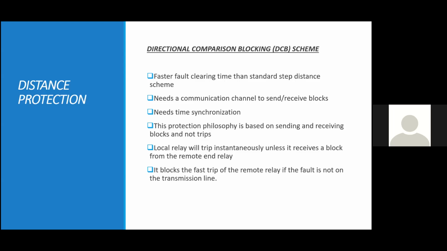And it blocks the fast trip of the remote relay if the fault is not on the transmission line. This scheme makes use of zone 3, which is looking in the reverse direction, to detect if the fault is not on the transmission line.